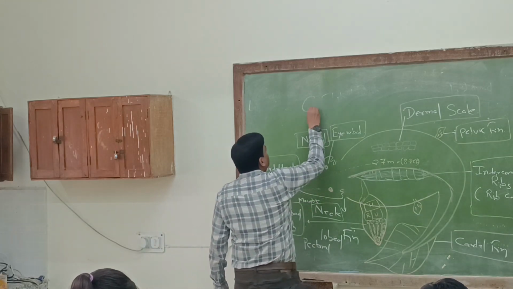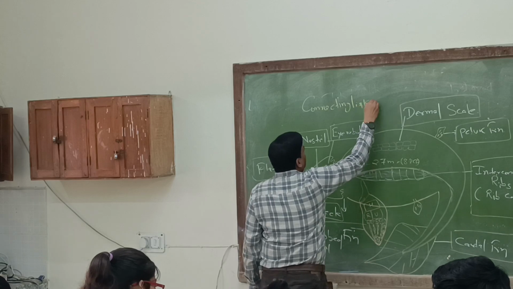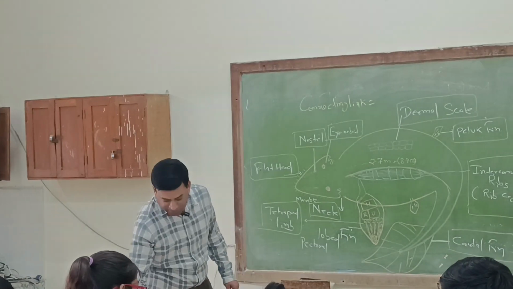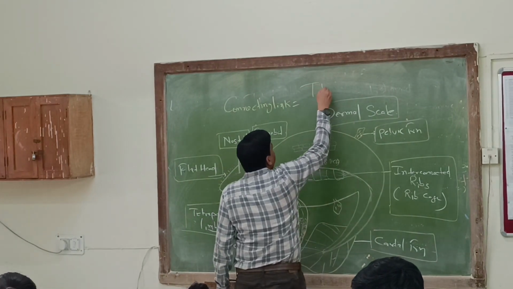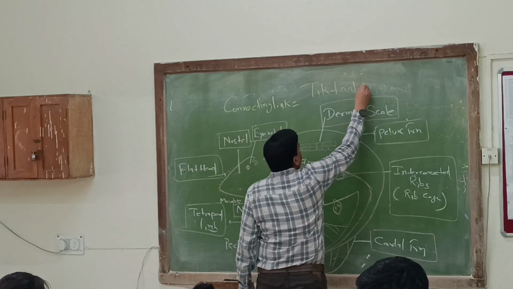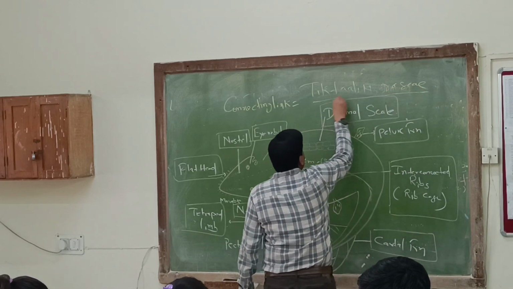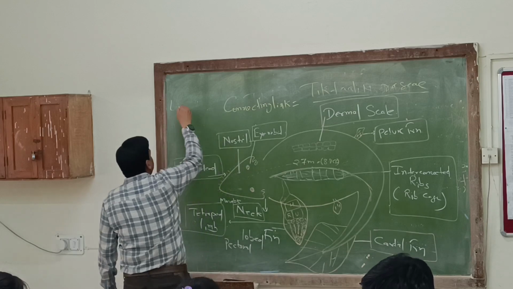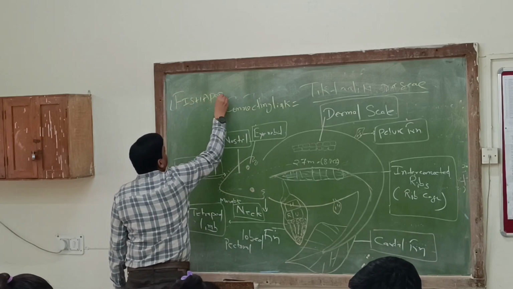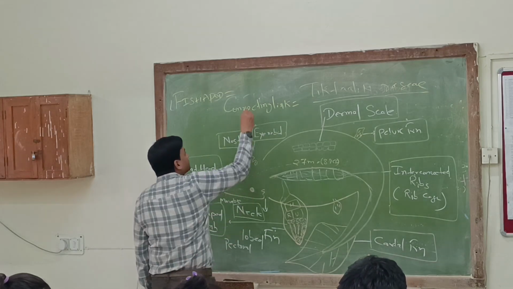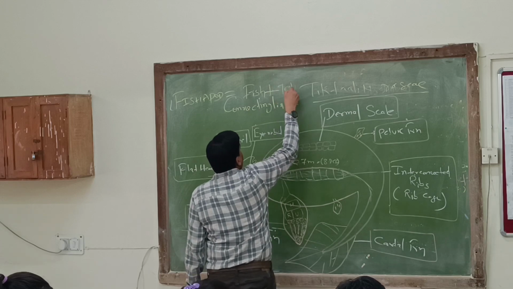This is a connecting link, and its name is, yes, tell me, great, Tiktaalik roseae, the true representative of the fishapod, the true fish and the true amphibian or the tetrapod character.